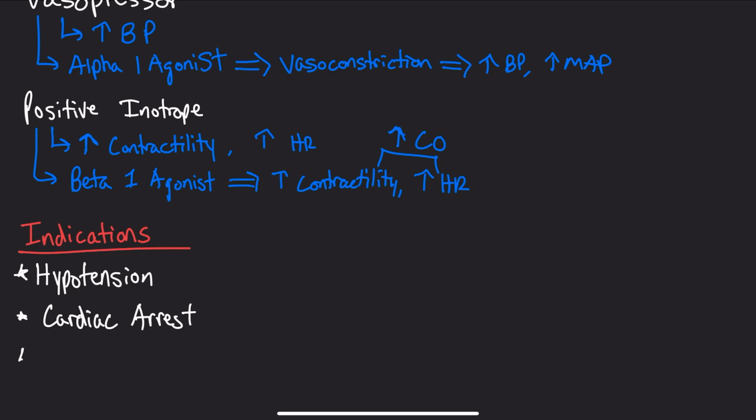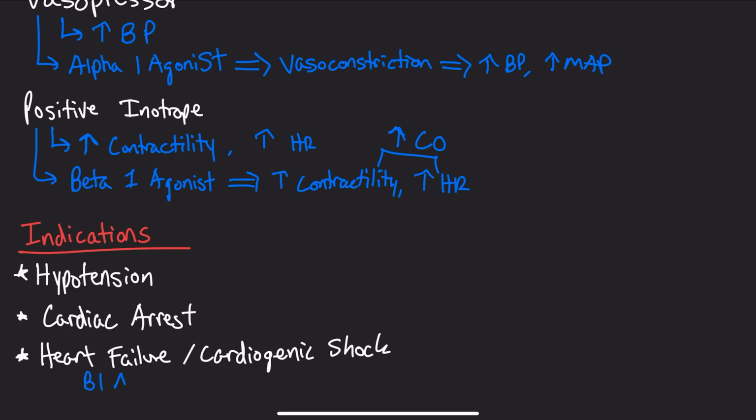You could see it in heart failure, maybe even progressed to cardiogenic shock. How it benefits here is due to that beta 1 agonist, right? The increase in heart rate and contractility is going to increase your cardiac output to help combat that heart failure.